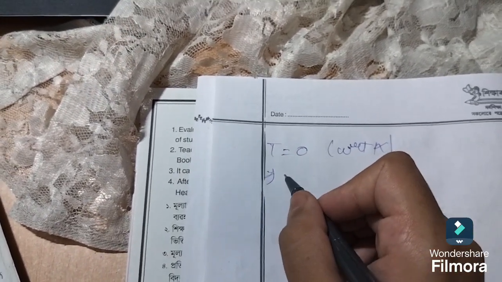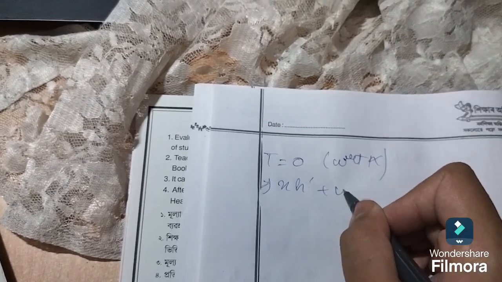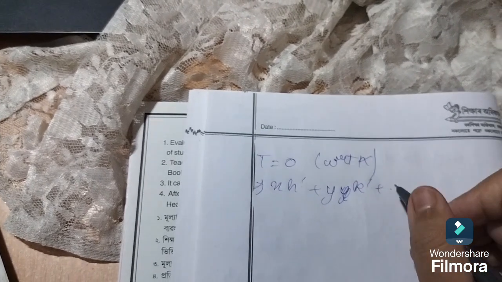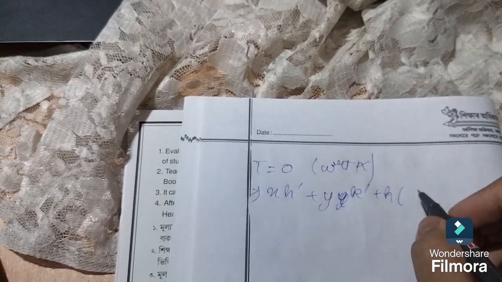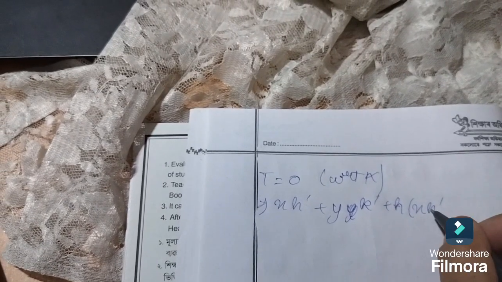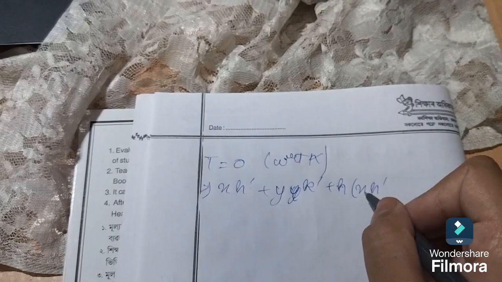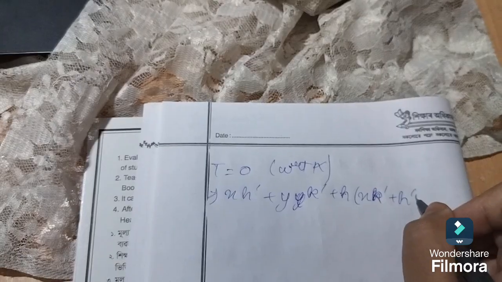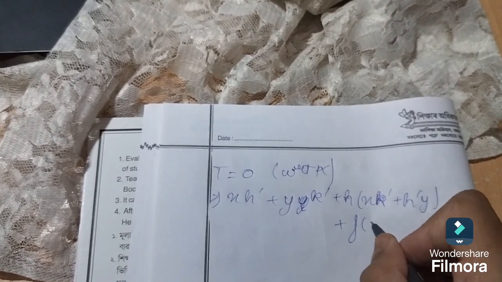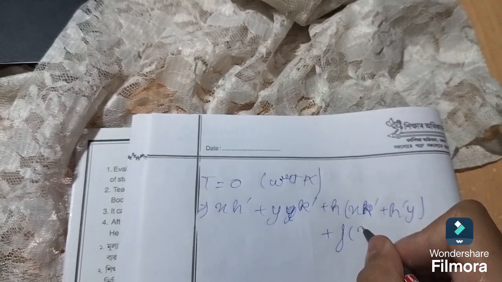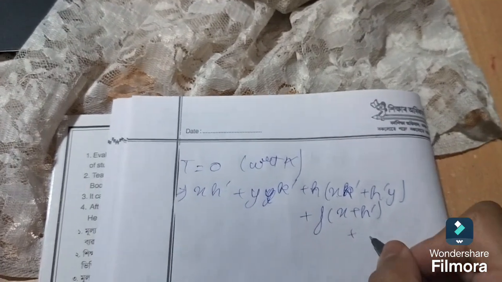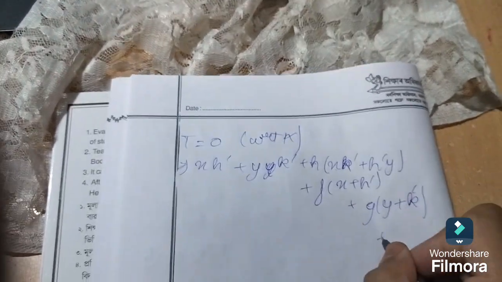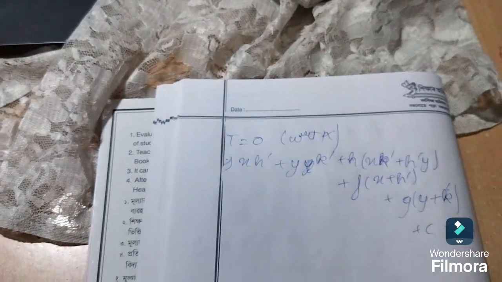Basically that will be x h dash plus y k dash plus h x k dash plus h dash y plus f times x plus h dash plus g times y plus k dash, plus c is equal to 0. This is basically T equal to 0 with respect to k.